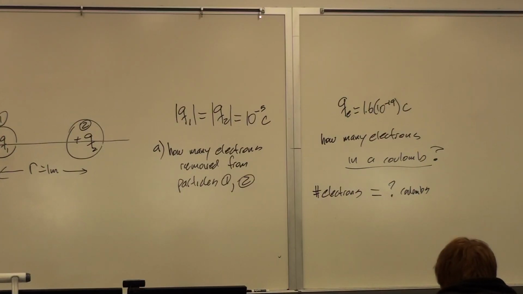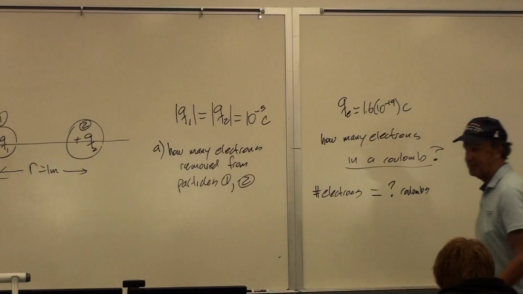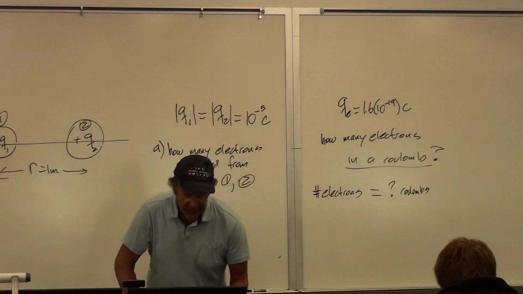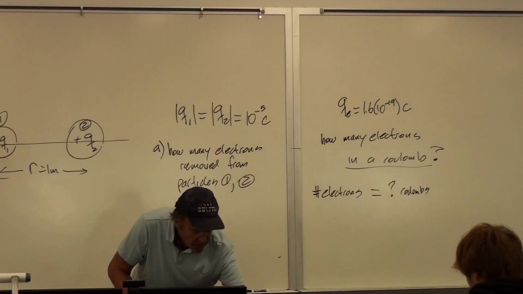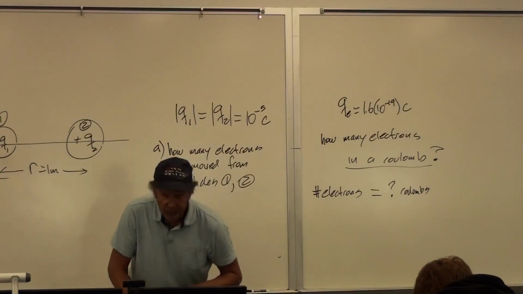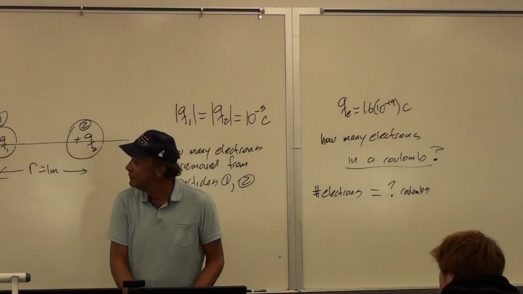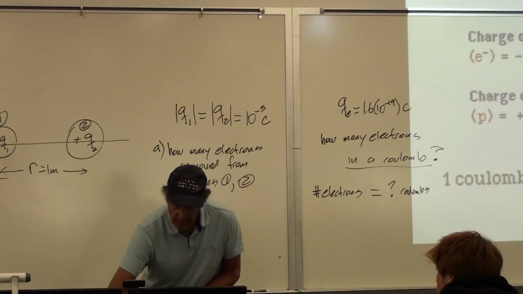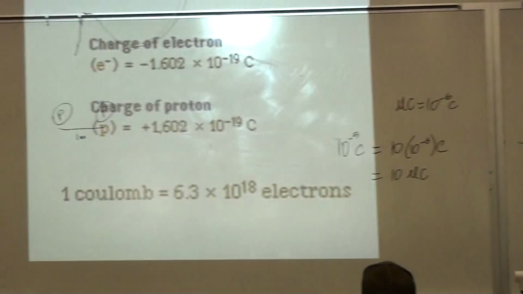How many people think they have it? What did you get? 6.25 times 10 to the 15. Very good. That's right. How did you get that? I did 1 over the absolute value of the charge of an electron. Good. And why did you do 1 over?